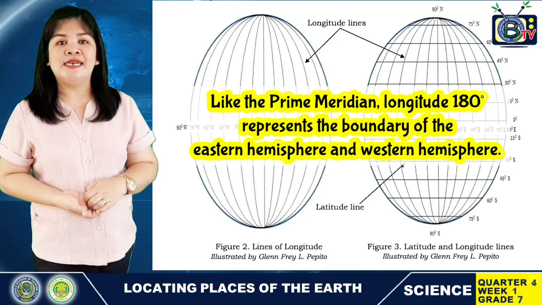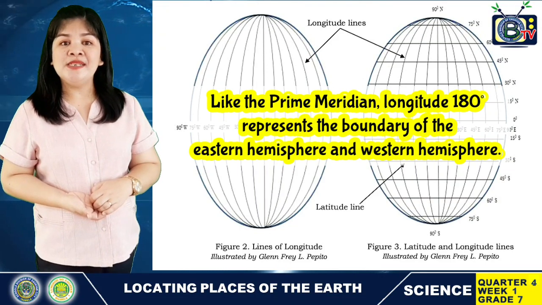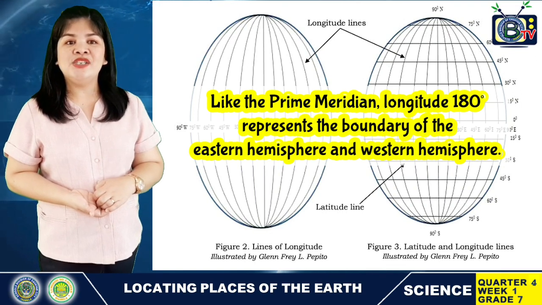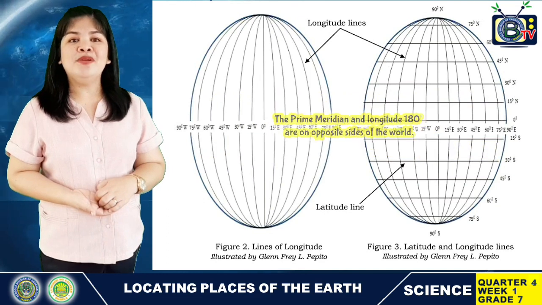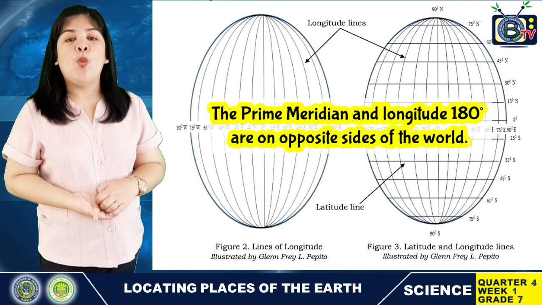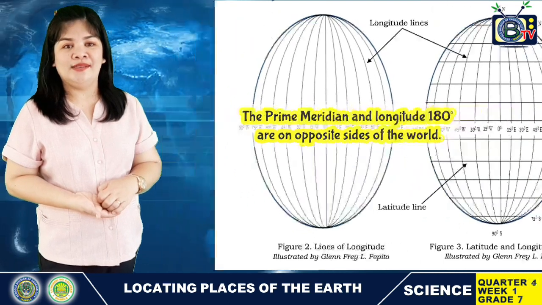Like the prime meridian, longitude 180 degrees represents the boundary of the eastern and western hemispheres. The prime meridian and longitude 180 degrees are on opposite sides of the world.